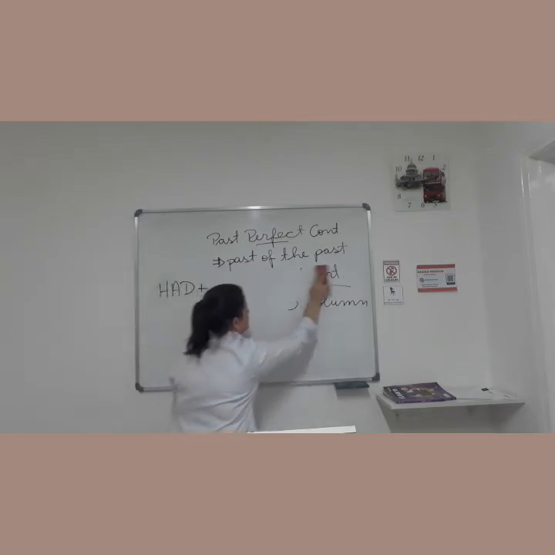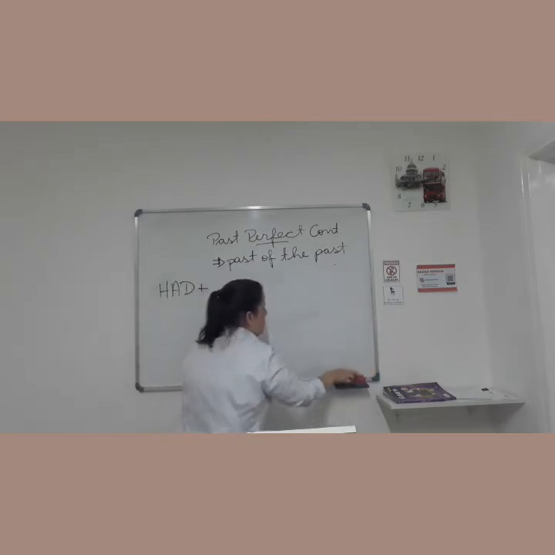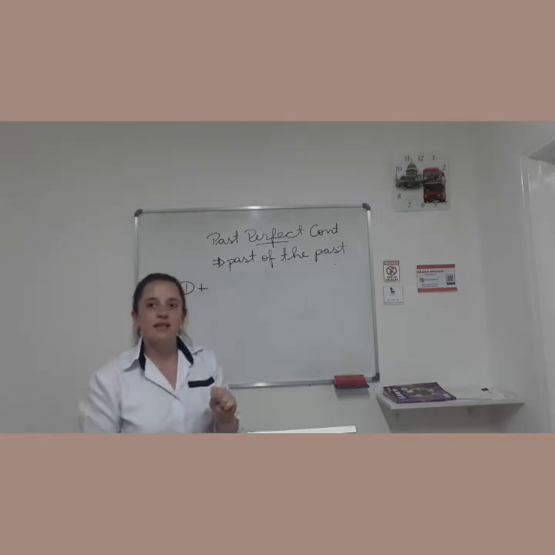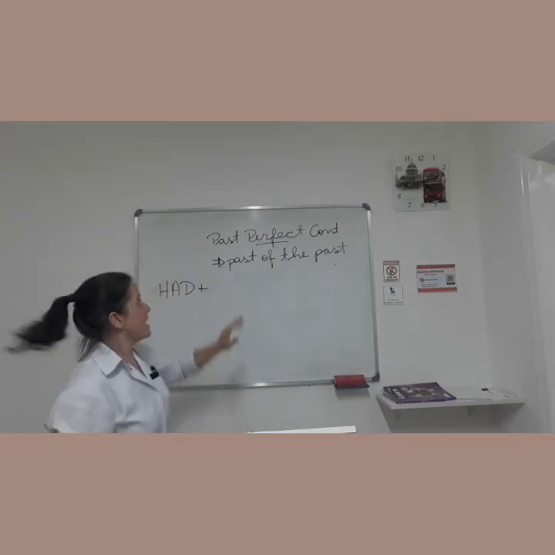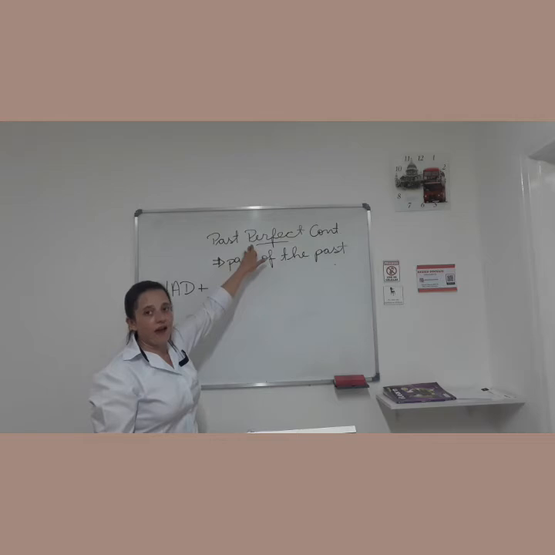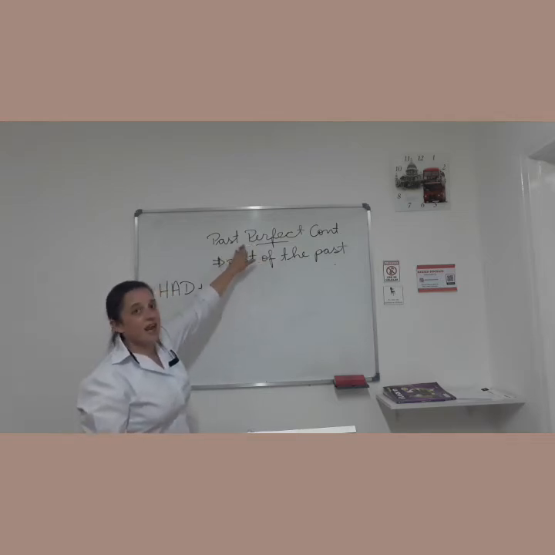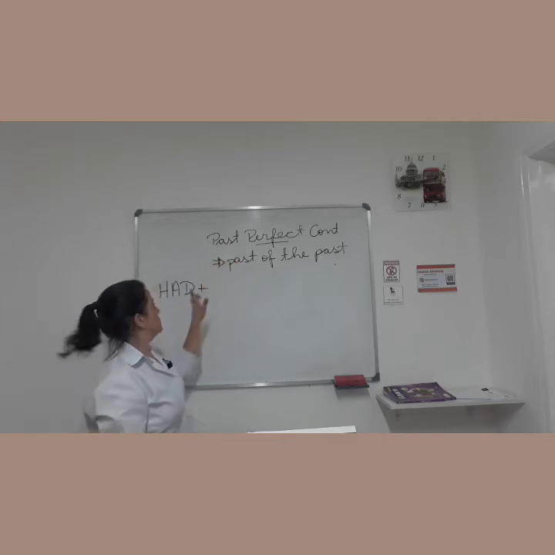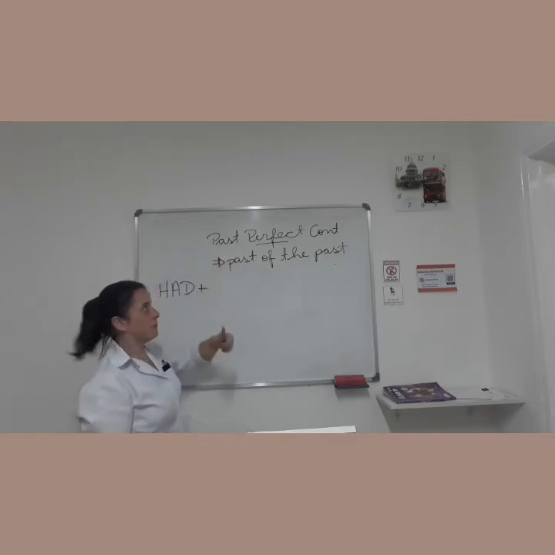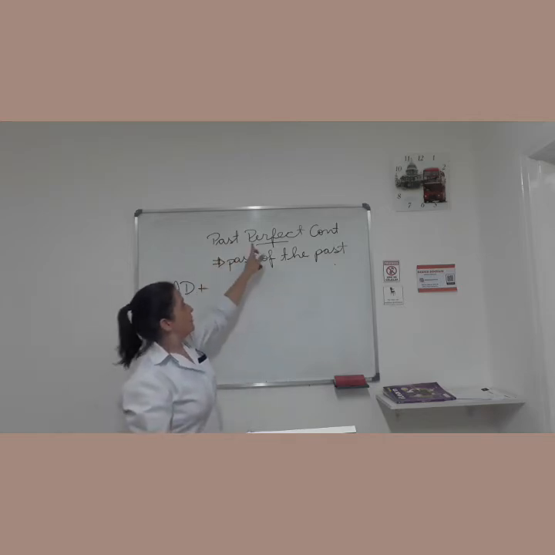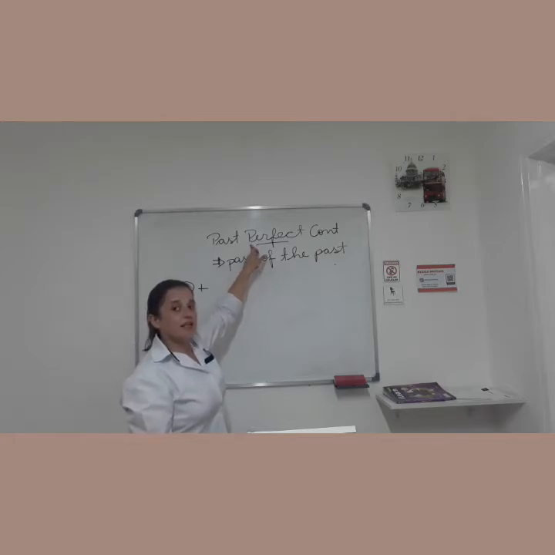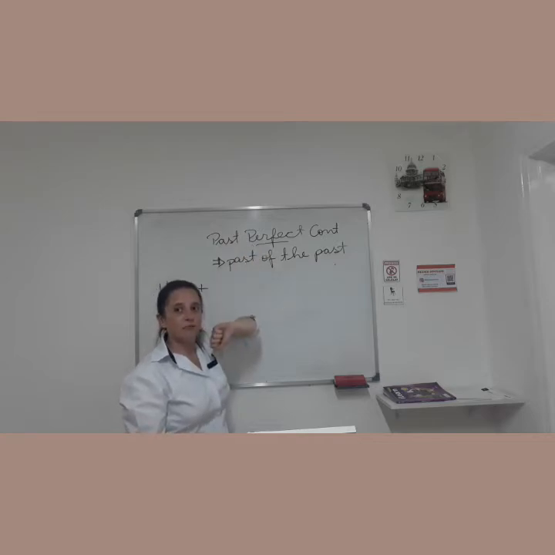So, what else do we need in this construction? I need the auxiliary have because it's perfect. I need the auxiliary to be in the past. Had. Okay? Because it's perfect, I need to have a past participle.